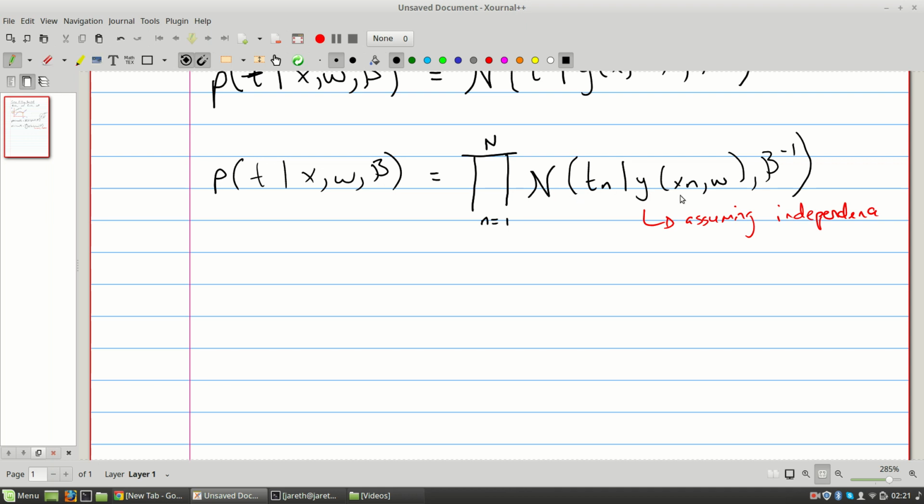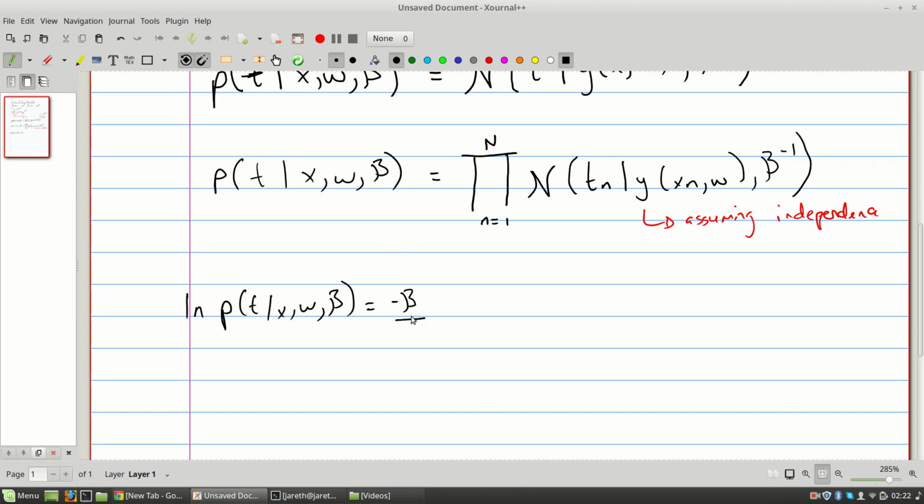What we talked about as well was, if we want to do maximum likelihood estimation, it is much easier for us to maximize the log likelihood, because it makes things easier to solve or to optimize. So we represented the log of p(t given x, w, beta). This is more like revision of things we already covered, maybe with a slightly different notation because now we're using beta and not sigma squared.